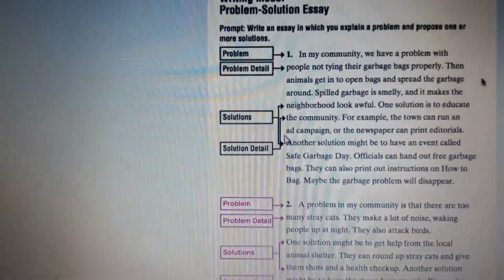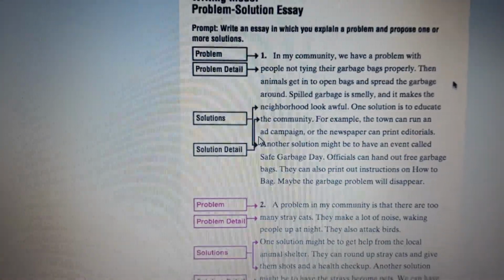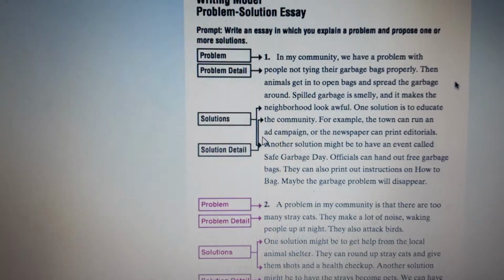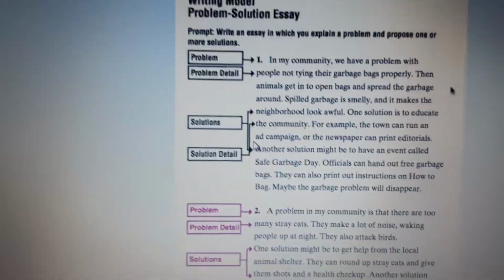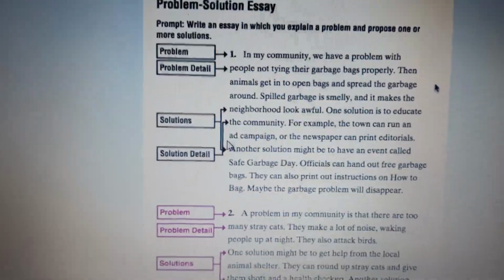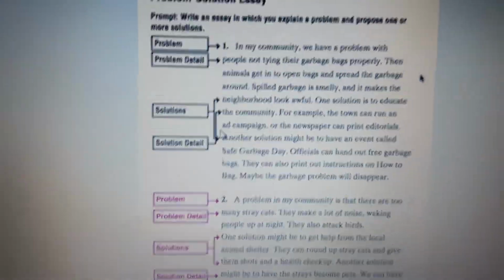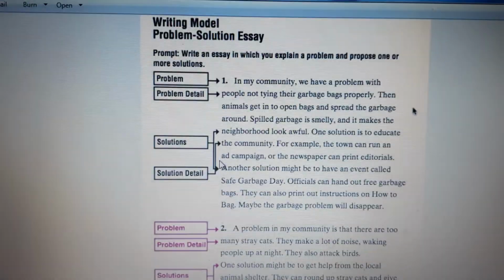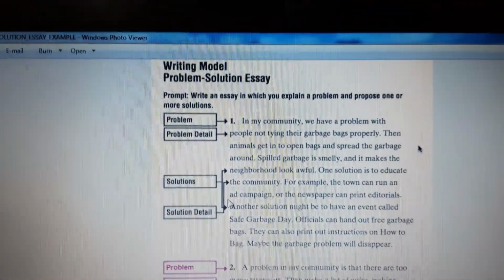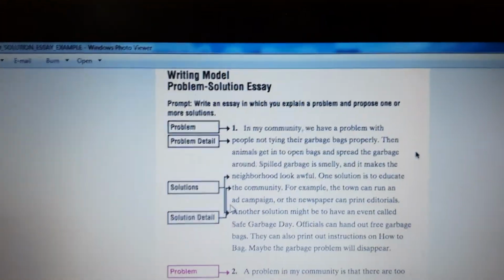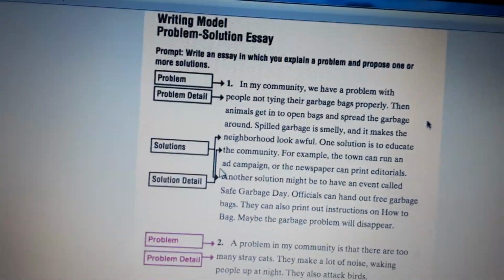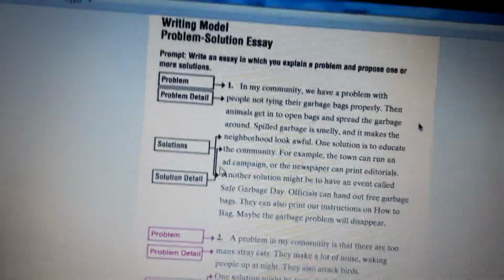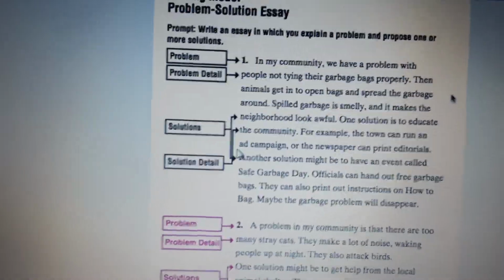So here, let's say that you're going to write about a problem, maybe in your city, in your town, or in a school, or a global problem, or something you have seen on TV news, and you felt like this is a problem, and you have a solution. Okay, so probably you're going to write a problem solution essay, right? So here, this is another way.